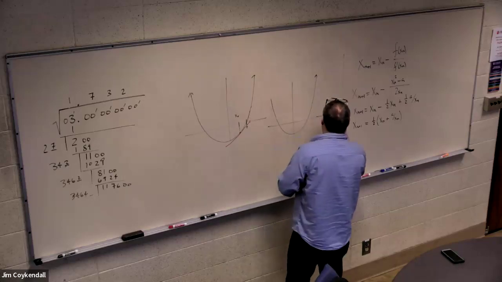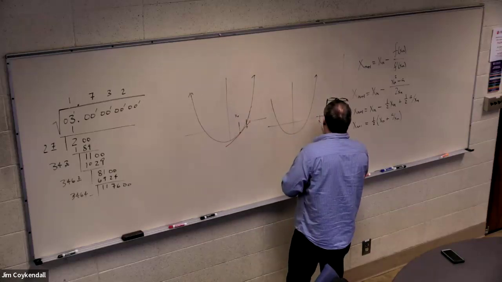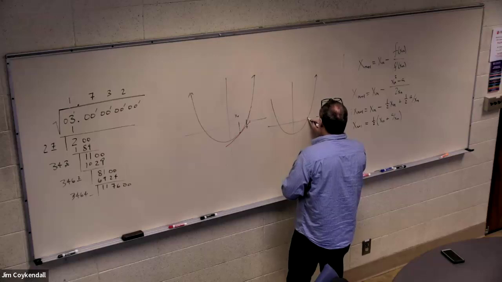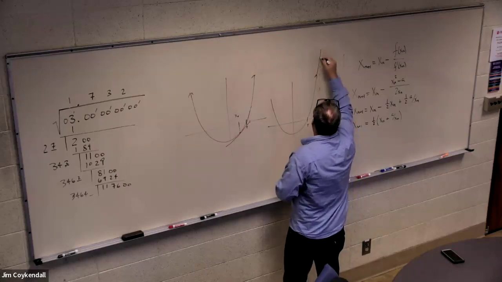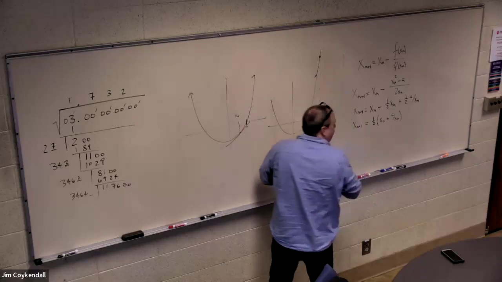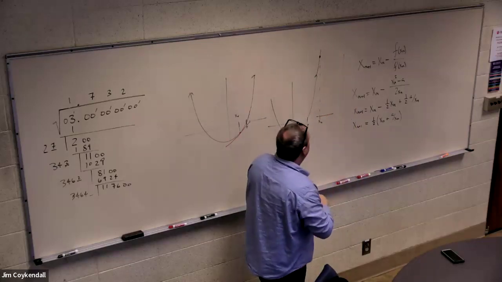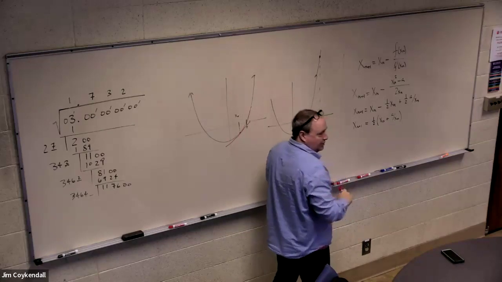Can you explain why that's true? If you have any approximation here, why is the next approximation bigger than the root?